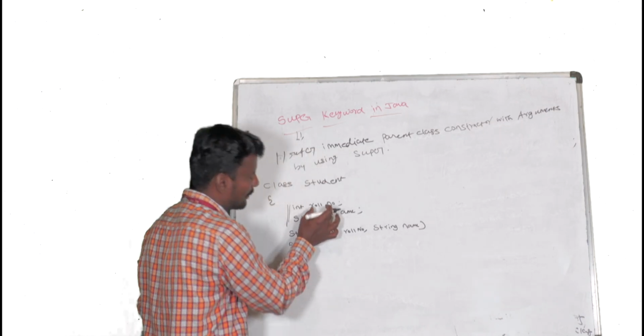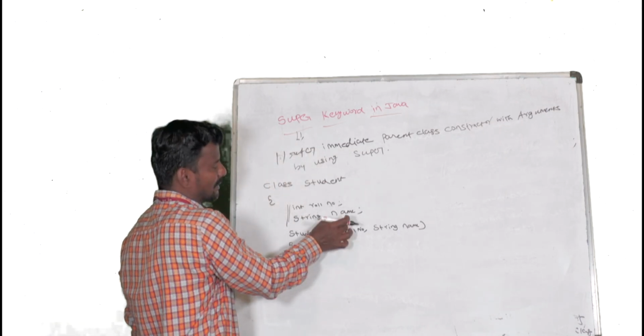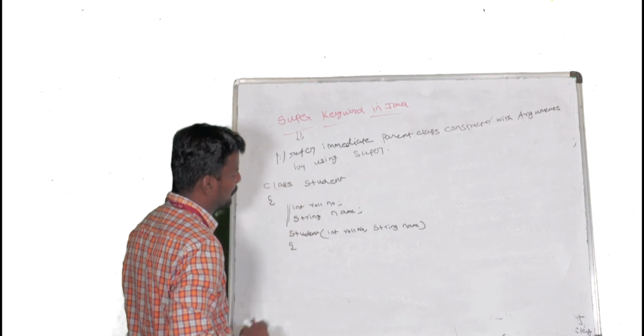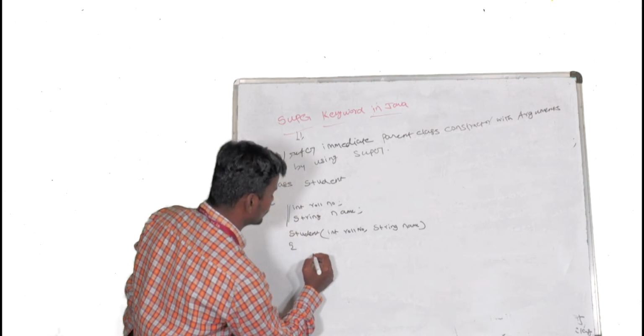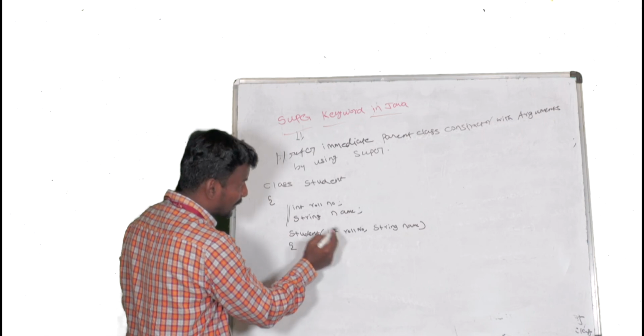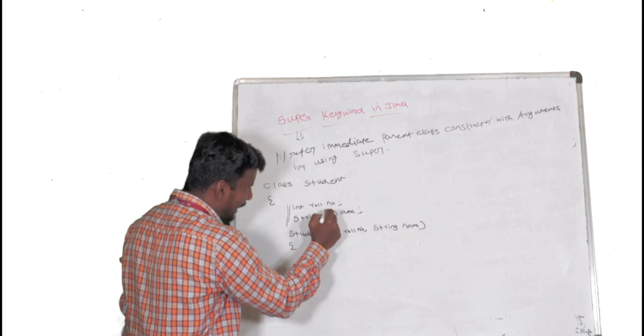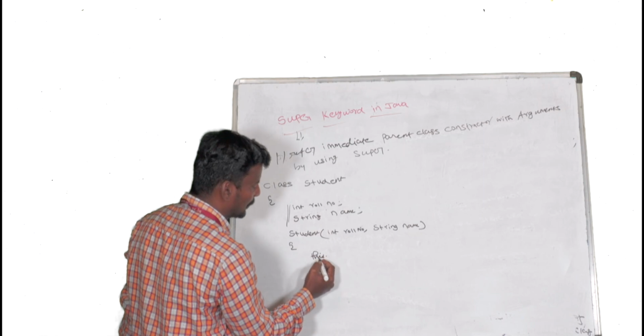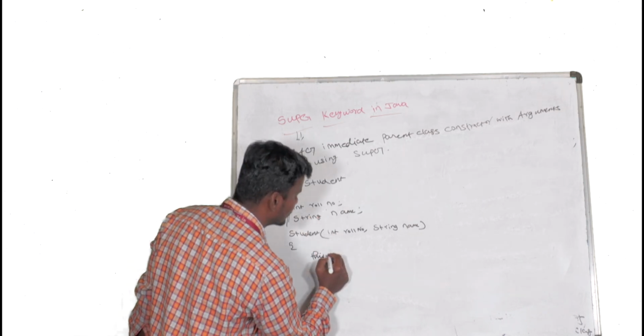The reason is that the member variable and the parameter have the same name.